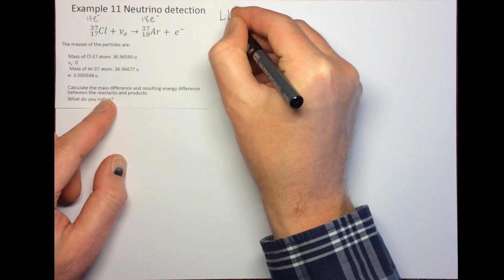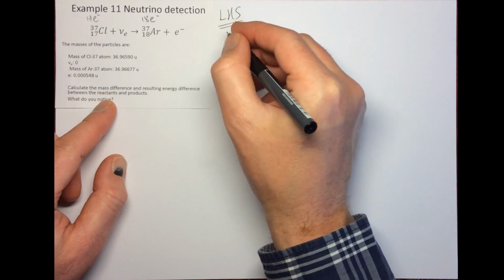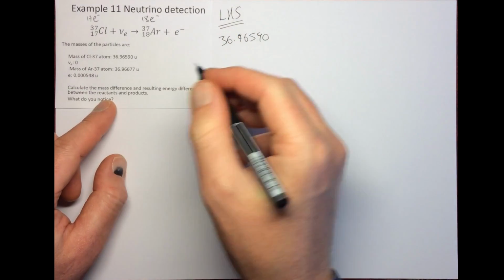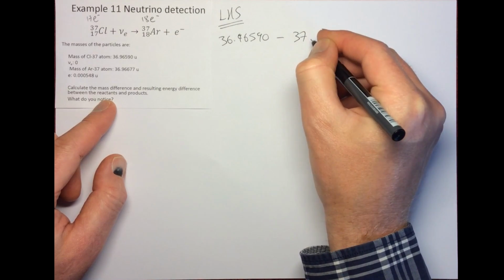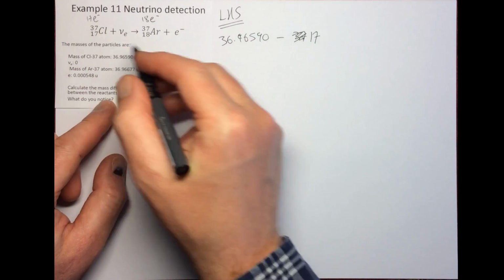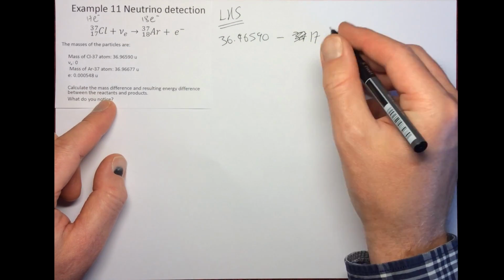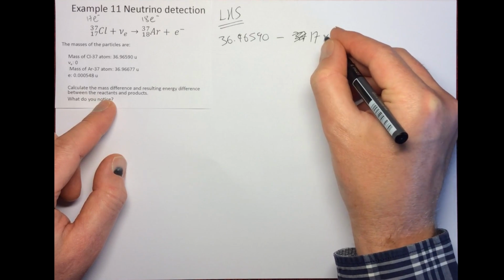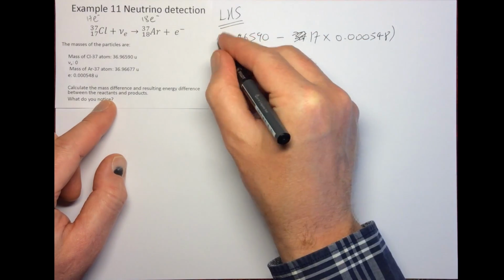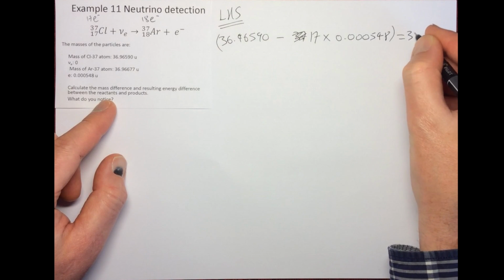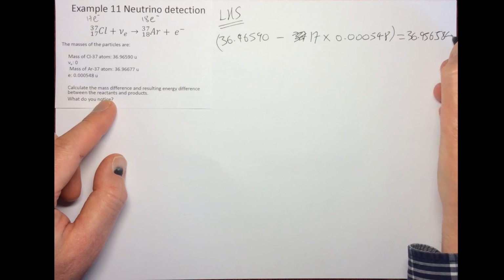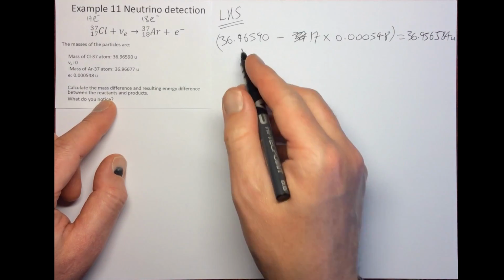So on the left-hand side, the mass is going to be 36.96590, which is your mass of your chlorine atom, take away 17 electrons, because the atomic number here is 17, so there must be 17 electrons in this atom. So it's 17 times 0.000548, and that's going to give us the mass on the left-hand side, and that comes out as 36.9564 u.